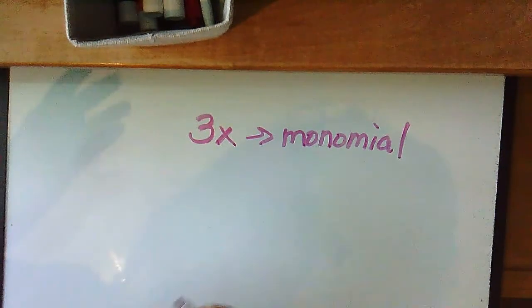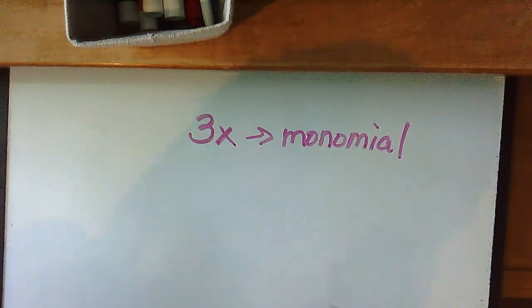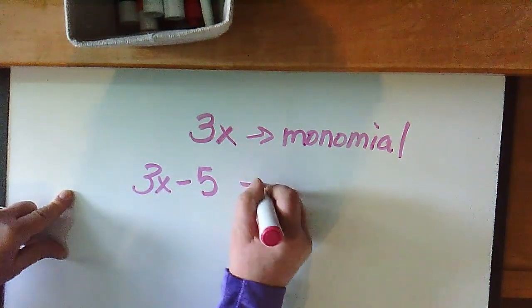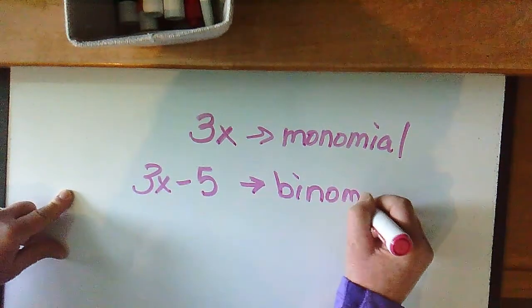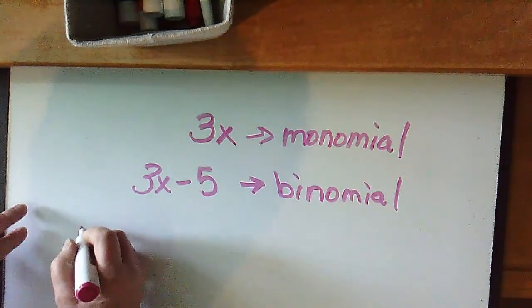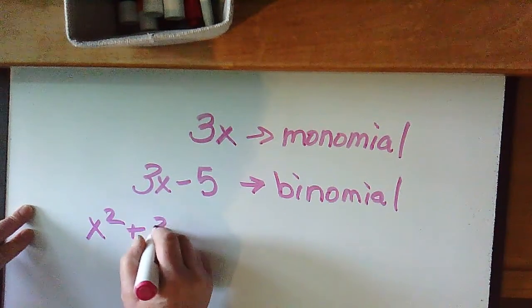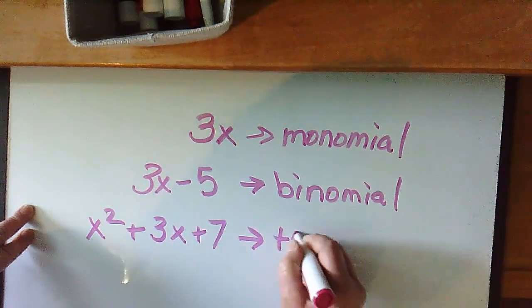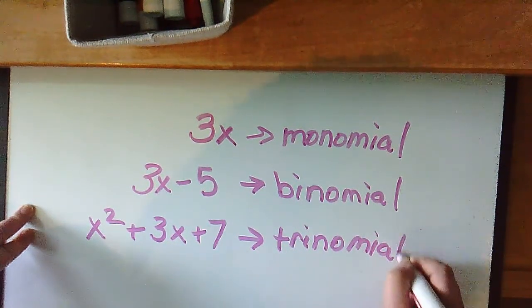Then we have the polynomials that you have been working with already, a binomial. Bi means two. And then we have a trinomial, which has three terms. After that, they just call them polynomials.